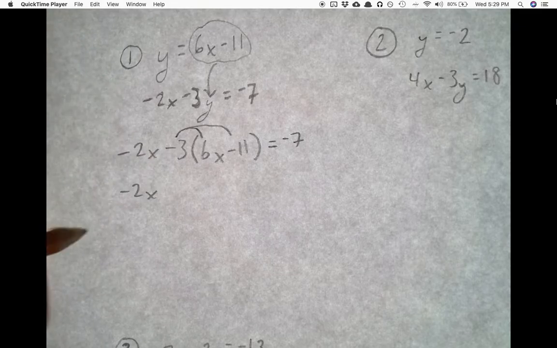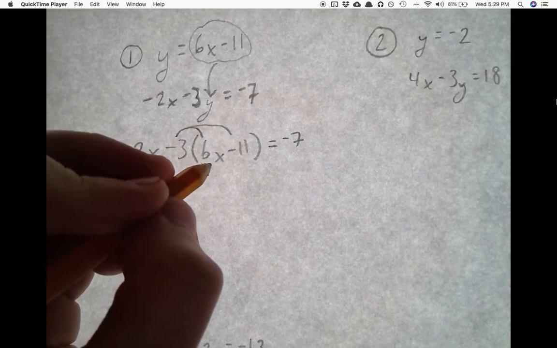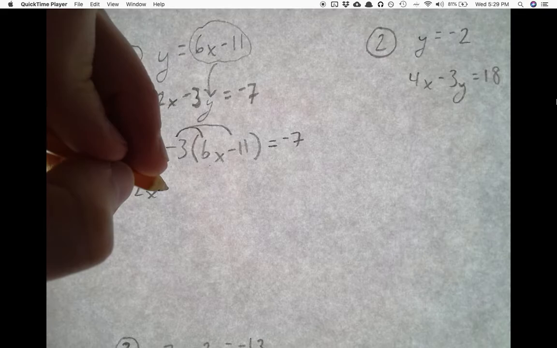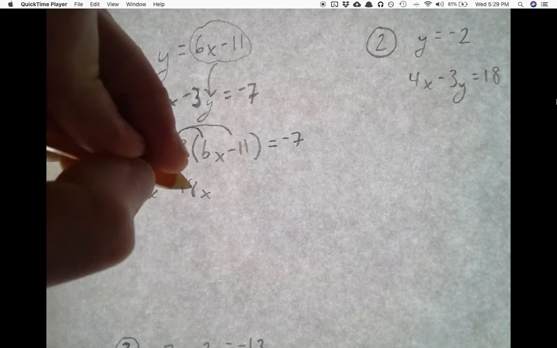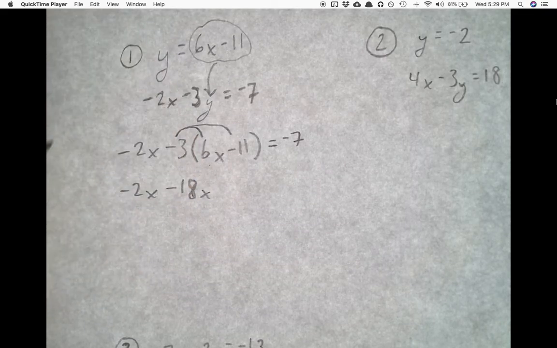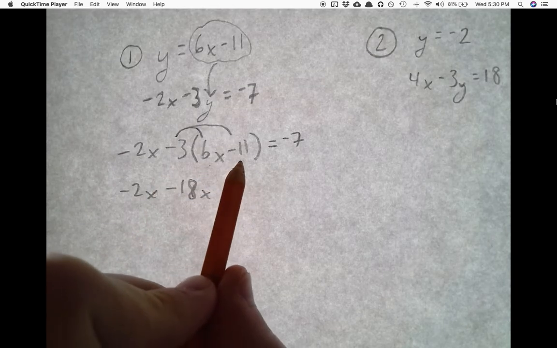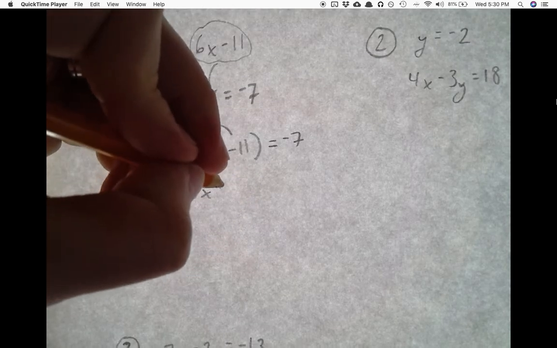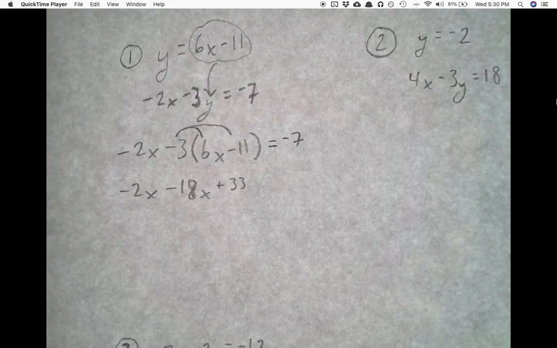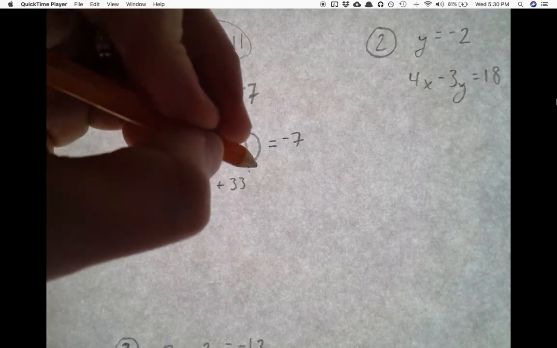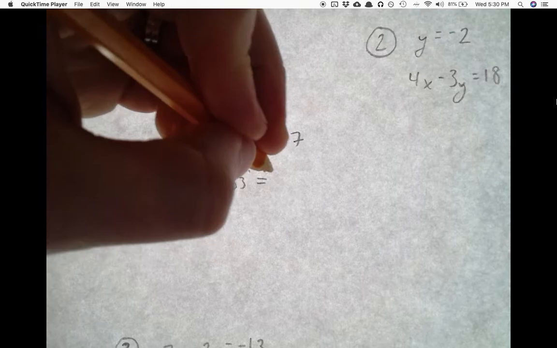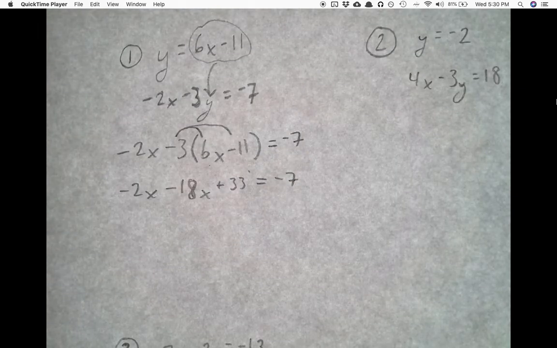Negative 3 times positive 6x is going to get me a negative 18x. Negative 3 times negative 11 will give me a positive 33.